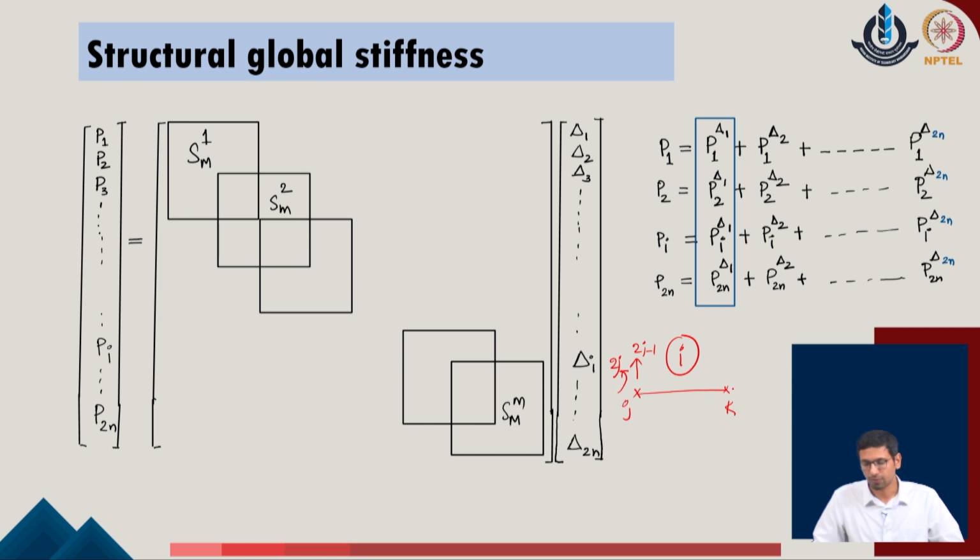Similarly, at joint k we have 2 degrees of freedom, this is 2k minus 1 and this is 2k in the given system. So, the contribution of the stiffness for the ith member is going to sit at the positions of the degrees of freedom 2j minus 1, 2j, 2k minus 1 and 2k in the global system.